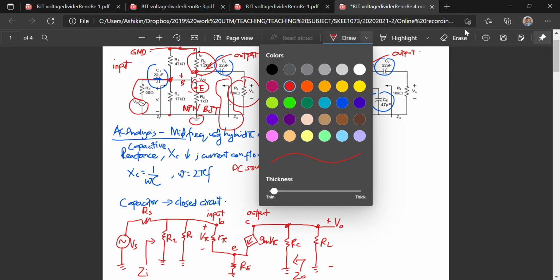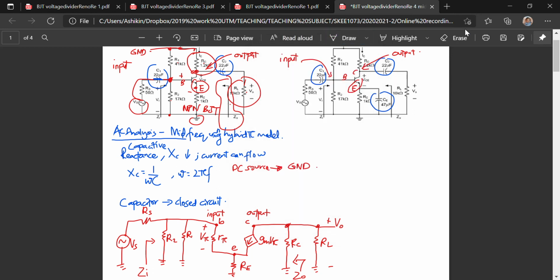Then what happens to circuit number 2? For circuit number 2, we can see that the circuit is quite similar, except there is a capacitor over here. The CBE, the input, and the output are all the same except at the E terminal.